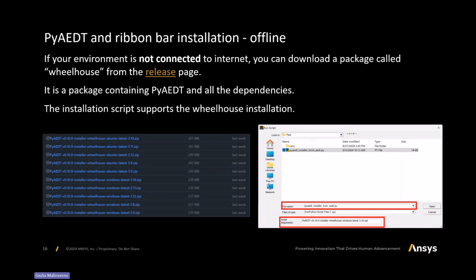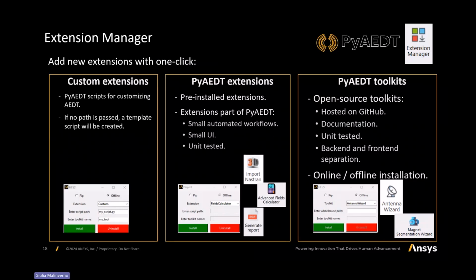As you can see in the names in the screenshot on the left. So once the installation is done, you should be able to see in AEDT automation tab a new ribbon with some buttons, one of which is the extension manager. I already showed you before. So this is a very important tool for customers because as you see here, you can do 3 main things with the extension manager. So first, you can install custom extensions.